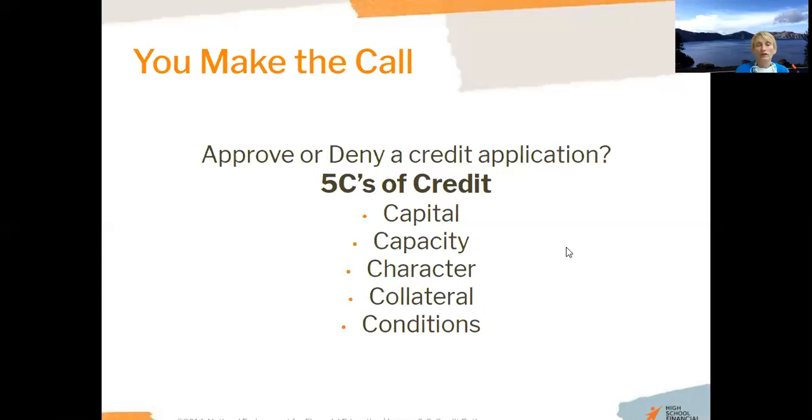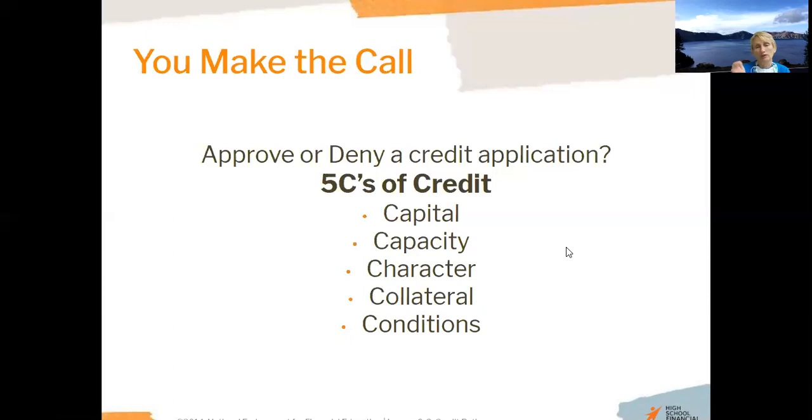So when you decide approve or deny, as far as the reasons, you could say not enough capacity, their income's too low, or this would put them over the 20%. Or they're already spending over half their money on their rent, so they won't have enough. So you're going to give 3 reasons on each one.